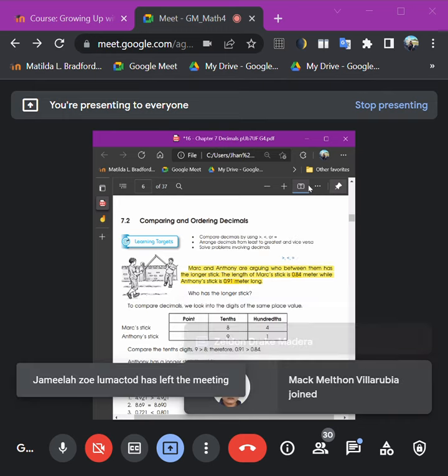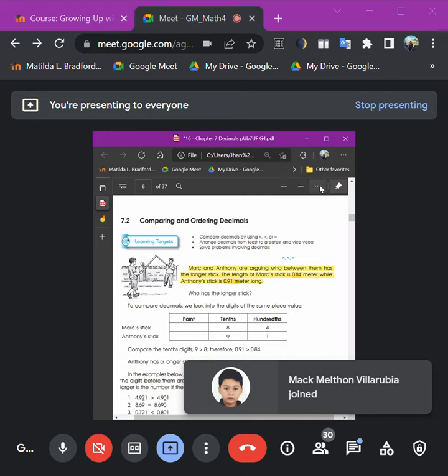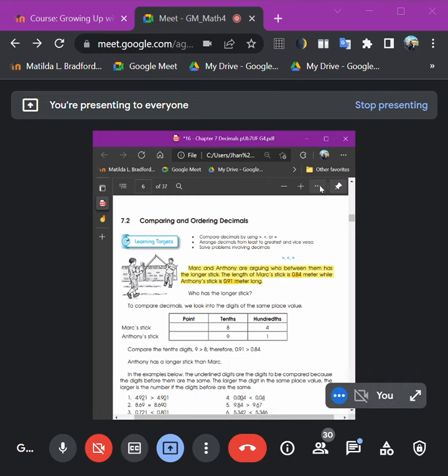These three are very important. So class, let us review them: greater than, less than, and then the equal sign. If you remember when you were in grade 3, we had a song for using these symbols.